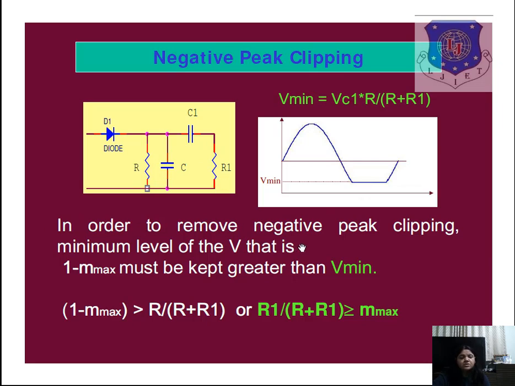So in order to remove the negative peak clipping, the minimum level of V, that is 1 minus M maximum, must be kept greater than V minimum. So 1 minus M maximum is greater than R upon R plus R1, or R1 upon R plus R1 is greater than or equal to M maximum.